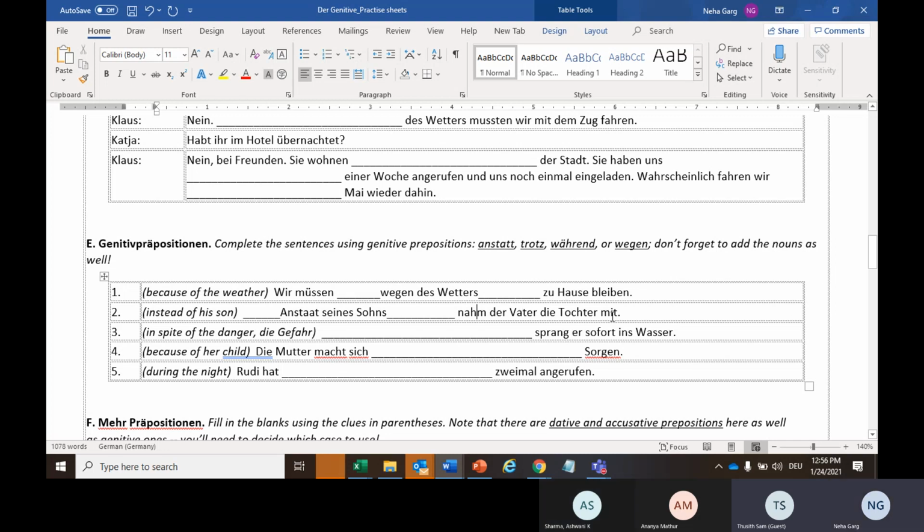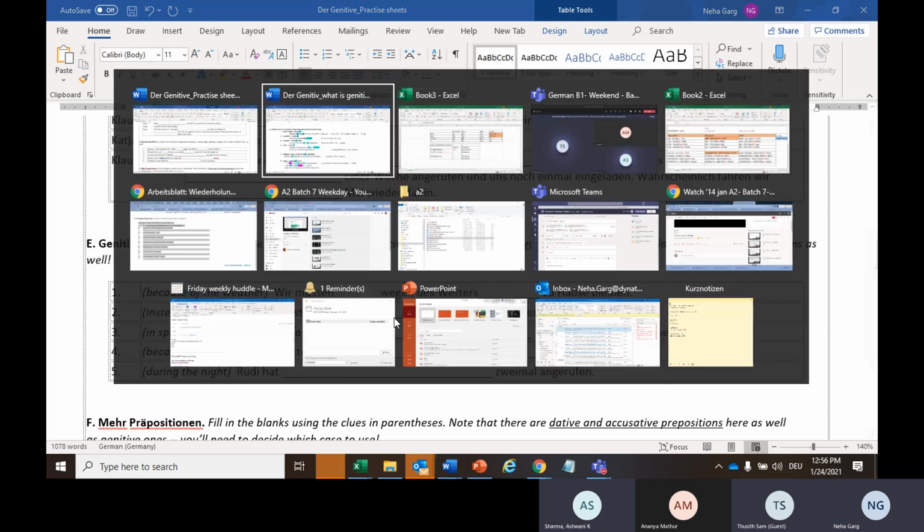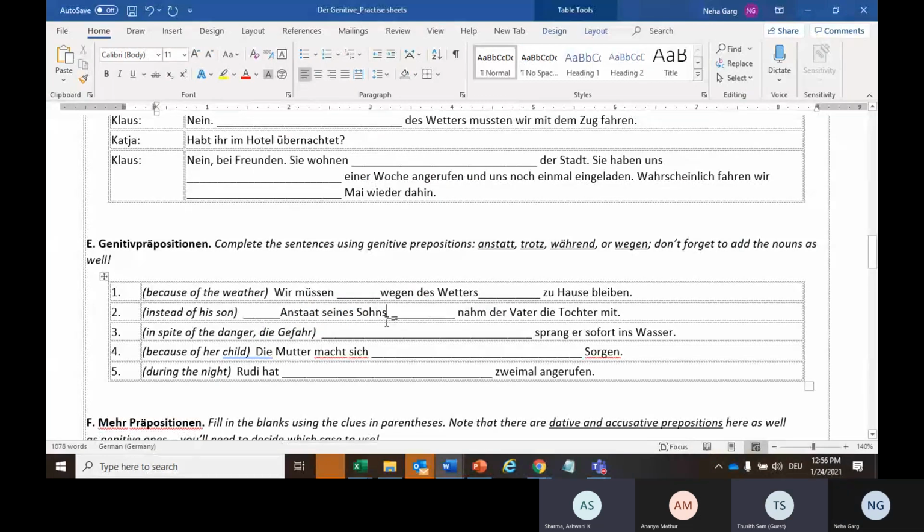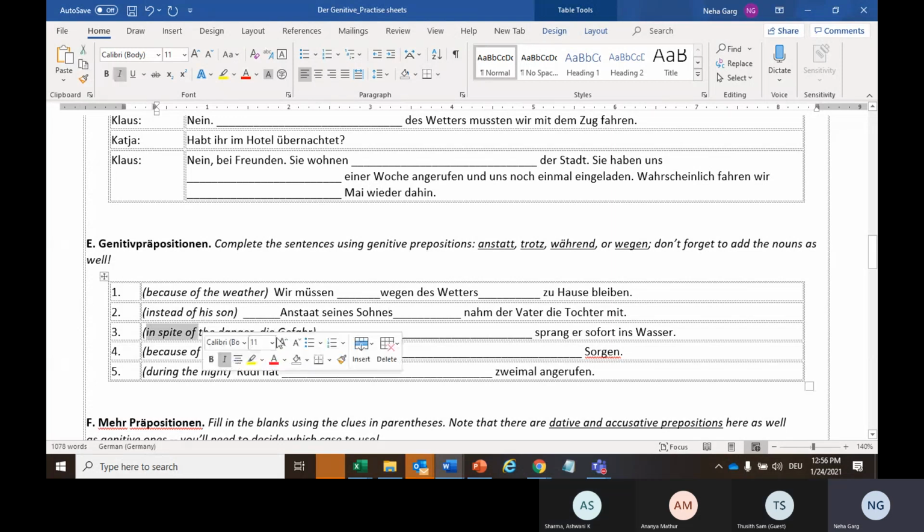I have a doubt. The Sohn is an Einsilbige Nomen, right? We are not using es. Sohn S.